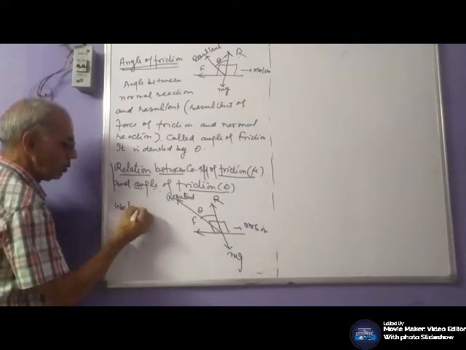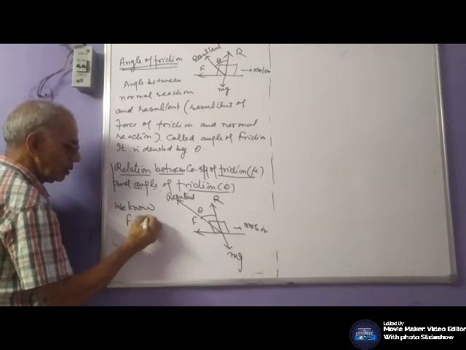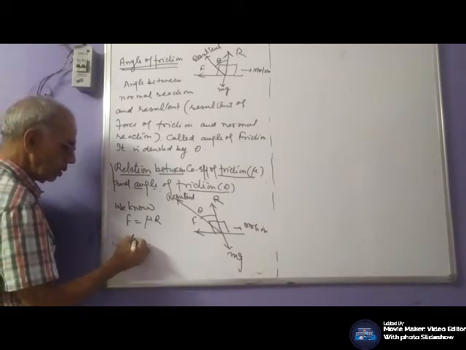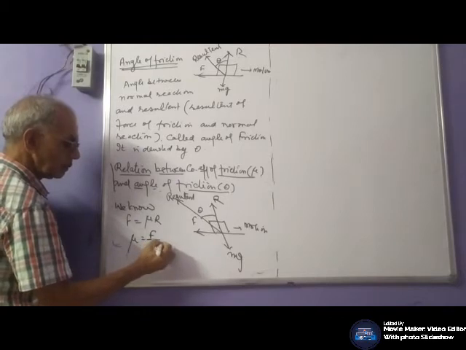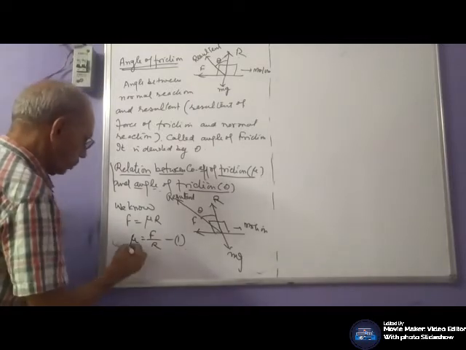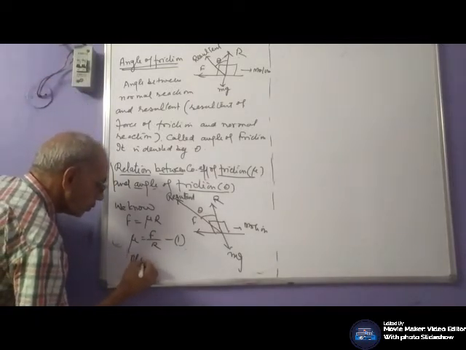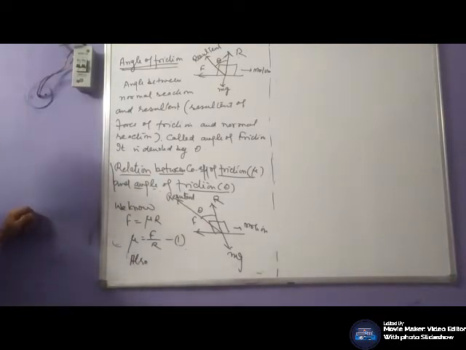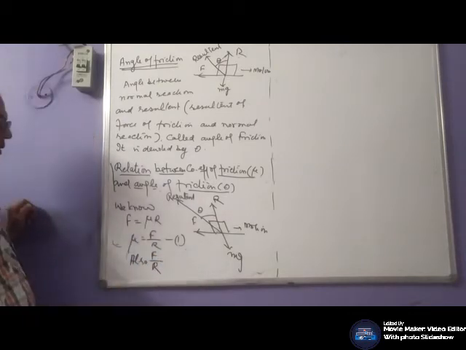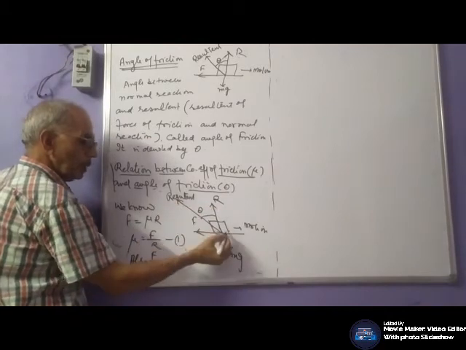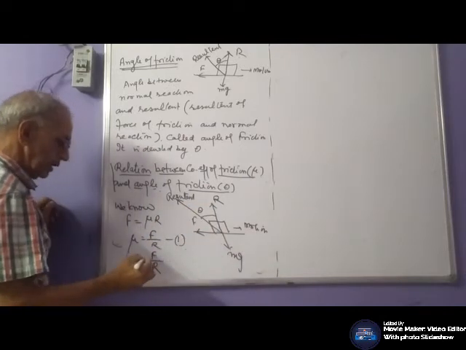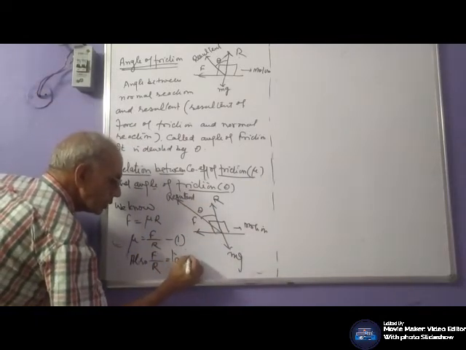We know F equals mu R, or mu equals F by R. Also, F by R, you take it parallel, F parallel, so F by R, F is perpendicular, R is base, tan theta.